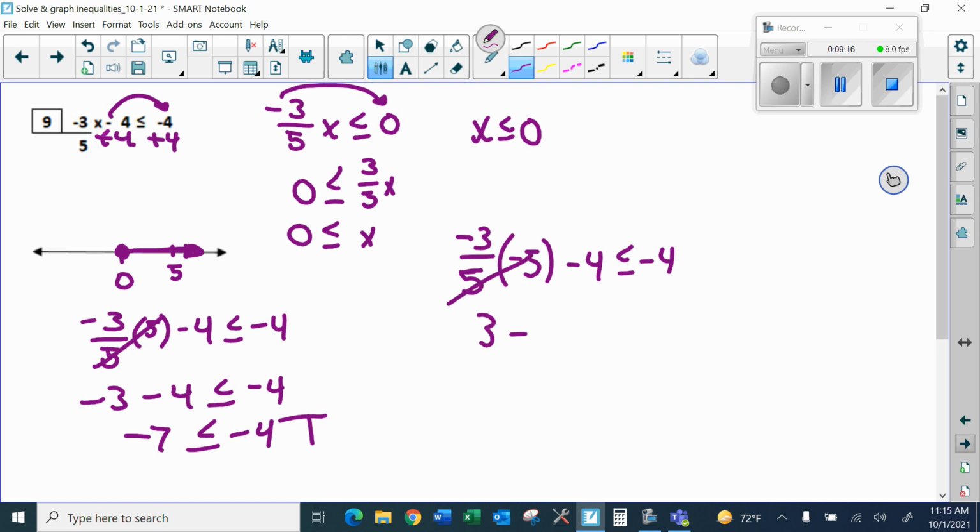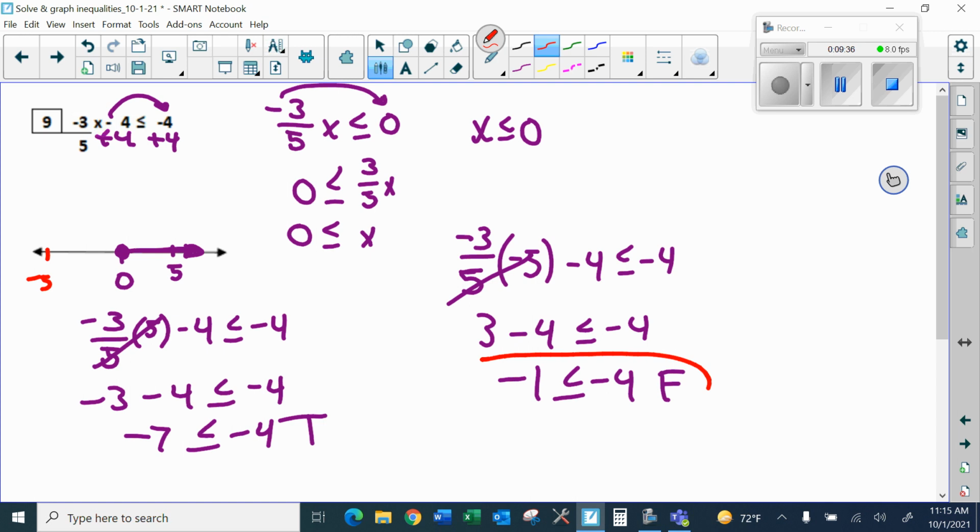Those 5s cancel out. That's -1. Is -1 less than or equal to -4? No, that's false. -1 is greater than -4. So that would tell me that shading at -5 is incorrect, because I plug it back in and I get a false statement. So it should have been shaded the other direction.